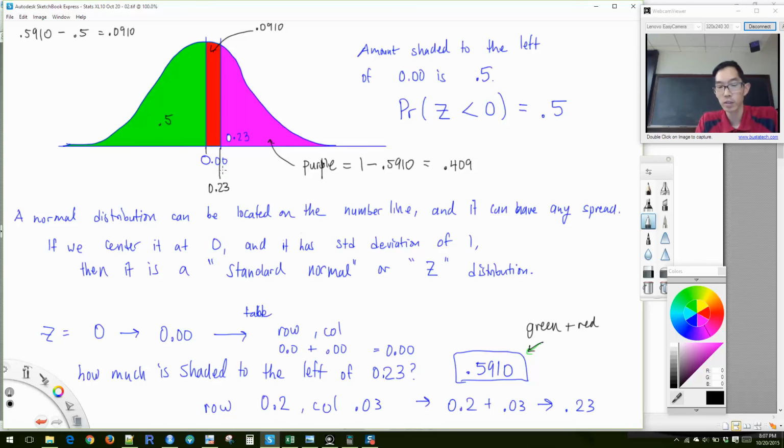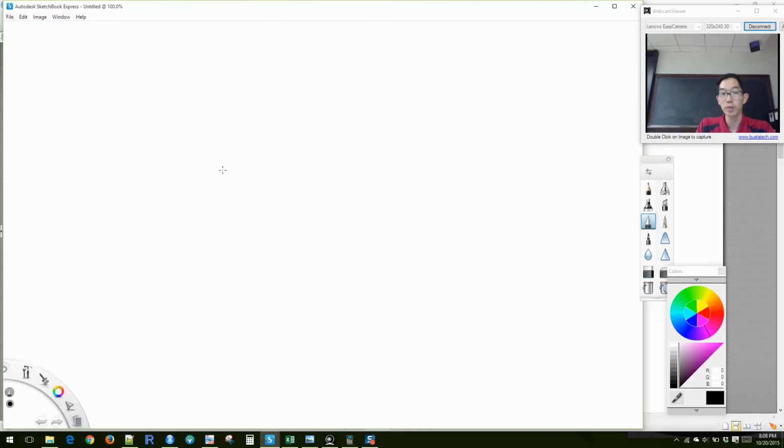All right, let's try another question here. Is this okay? I'm going to try another one. So what number goes here in the middle? 0.